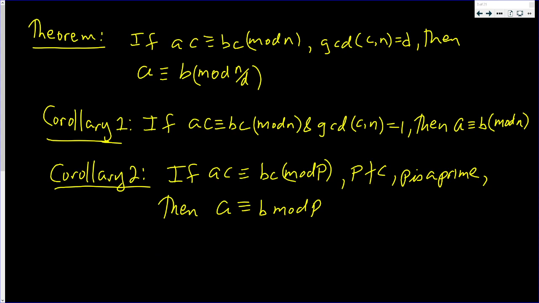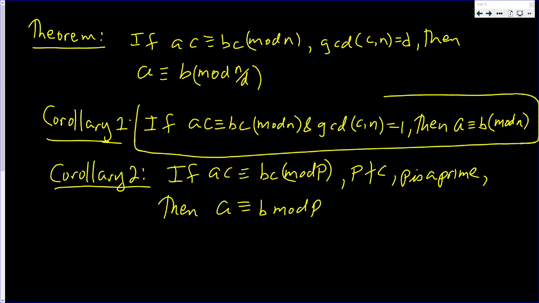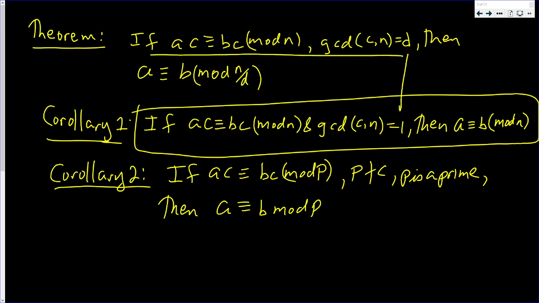Now, here in the first corollary, the only difference is that for the if part, D is 1. And for the then part, if D is 1, then n over D is n. But that's exactly what I got, and that completes the proof.